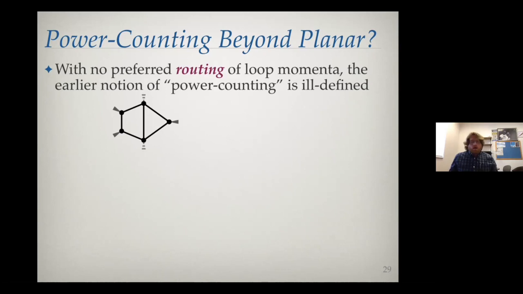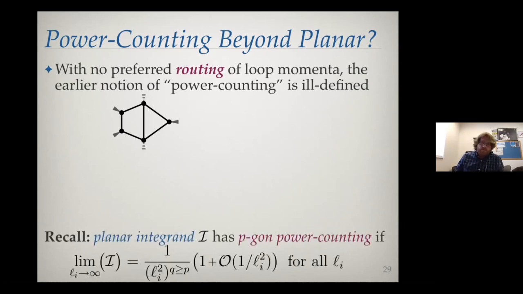So for any planar graph, we can just define the power counting in this naive sense, but this really requires that we have an assignment of the loop momenta to the graph. And that comes from the plane embedding of a planar graph. But as soon as we lose that plane embedding, or as soon as we talk about an intrinsically non-planar quantum field theory, we lose all of that.